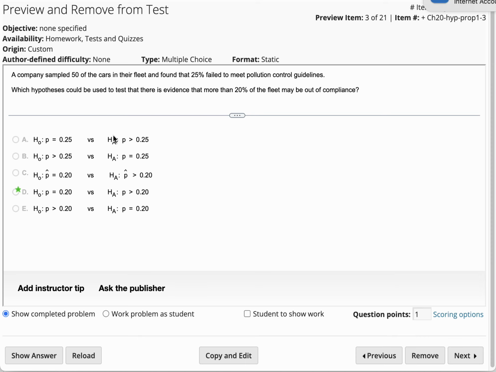Again, we're supposed to test the hypothesis that 20% of them are out of compliance. So the null is clear. Is it 20%? Or if you're out of compliance, that means it's more than 20%. Okay, there's not even a not equal to or a less than in the mix for alternatives.